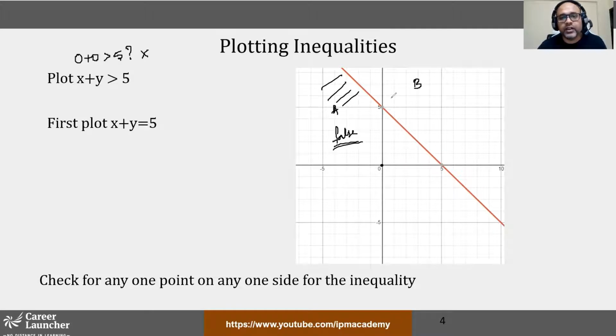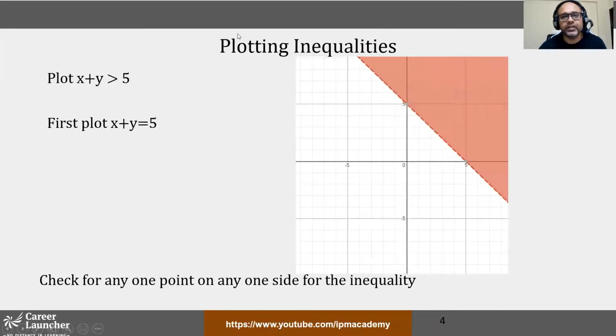Okay? Now, what does it mean? Then the other side, the opposite side, automatically becomes the true side. So your answer becomes somewhat like this. You can see that this entire colored region is your answer. Now, what about the line? Is the line x plus y equal to 5 included?